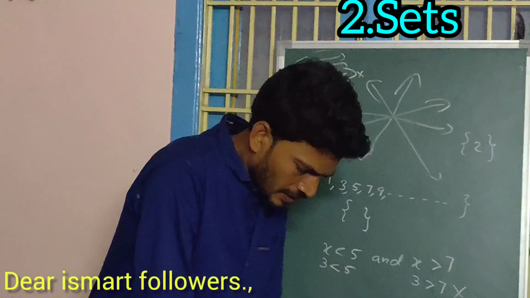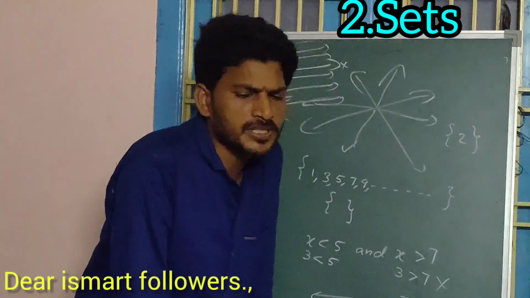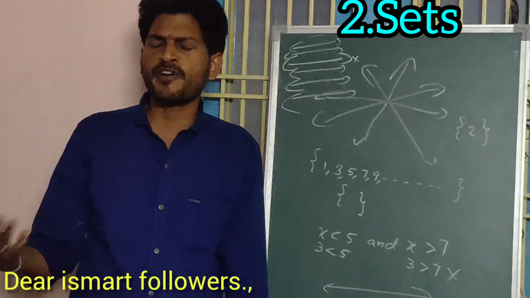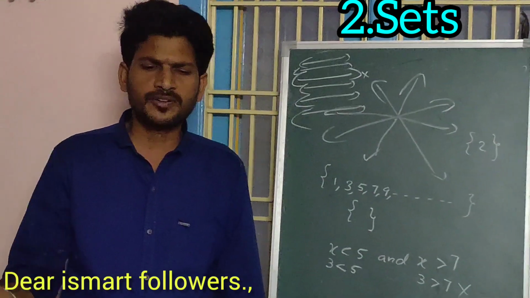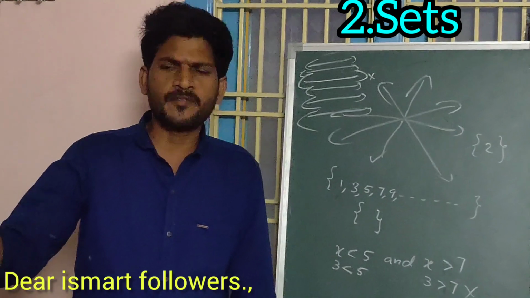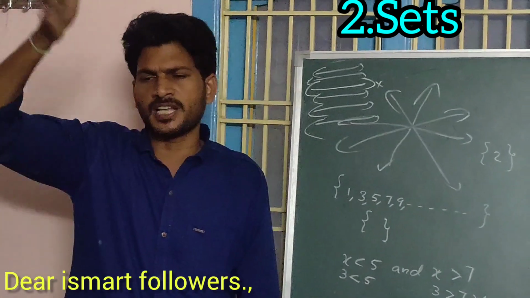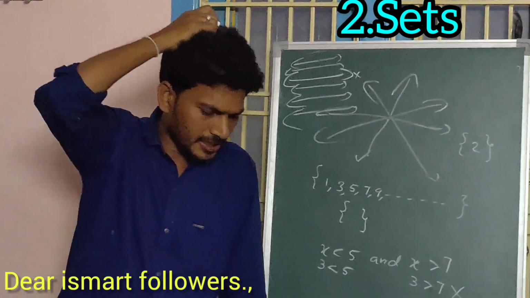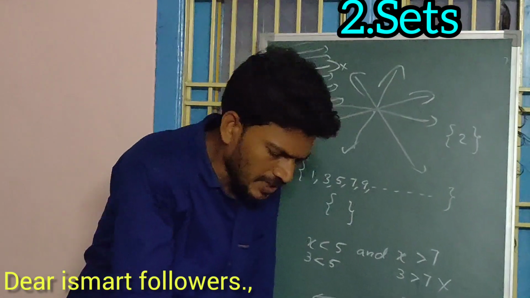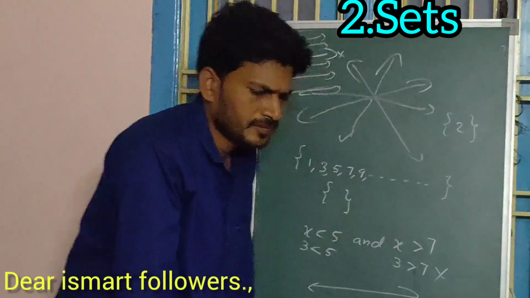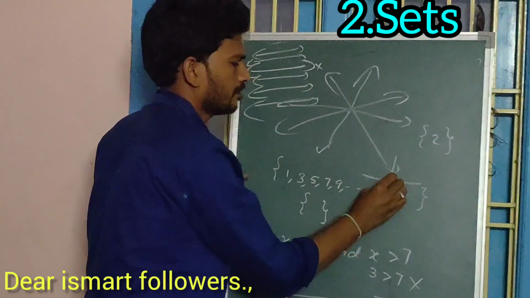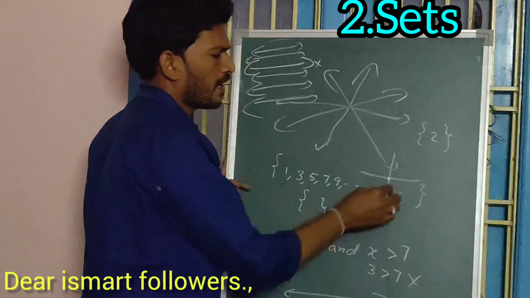Infinite. Next, the set of numbers which are multiples of 5. Multiples of 5 means the table of 5: 5 ones are 5, 5 twos are 10, 5 threes are 15, and so on, 5 sixes are 30, 5 eights are 40, and so on. So infinite. The set of circles passing through the origin. Origin means this point is called the origin. How many?